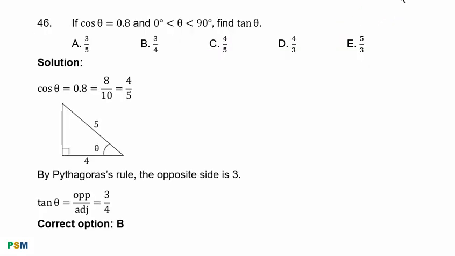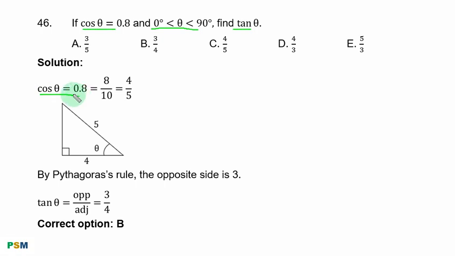Question 46. If cos theta is equal to 0.8, find tan theta. Solution. Cos theta equal to 0.8.